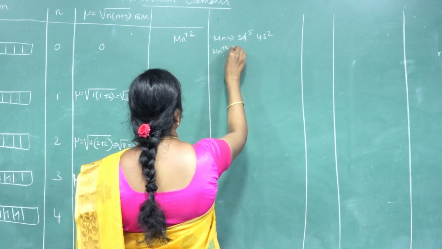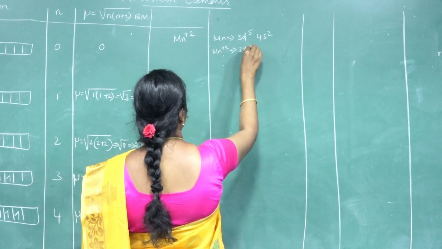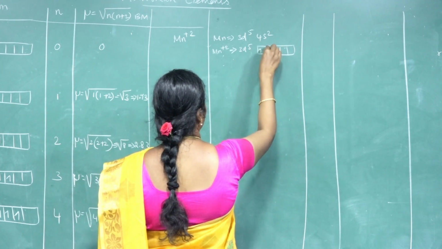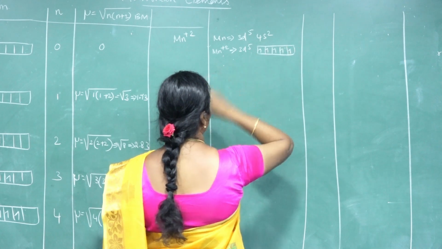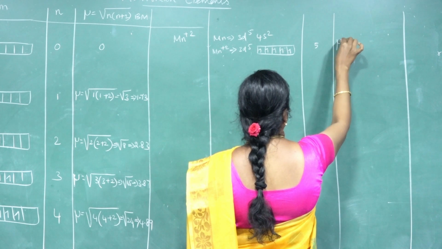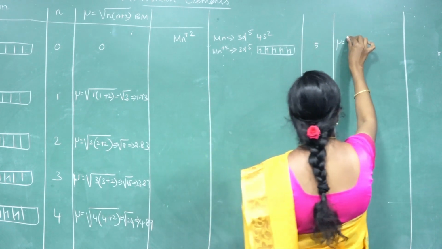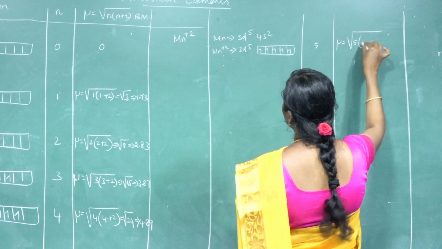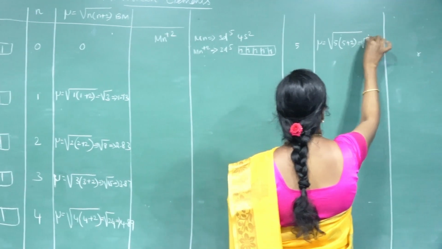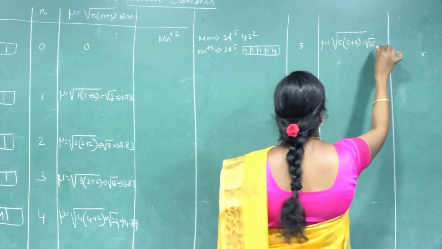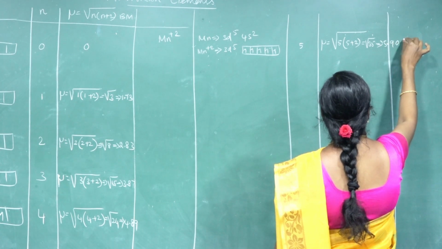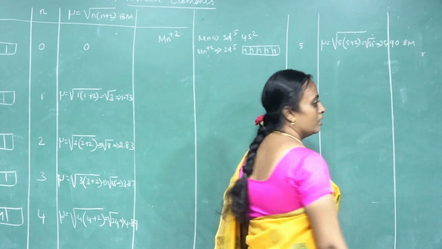For Mn plus 2, you get 3d5, so there are 5 unpaired electrons. Where n is 5, the magnetic moment is root of 5 into 5 plus 2, which gives root 35. Root 35 is 5.90 BM, that is Bohr magneton.